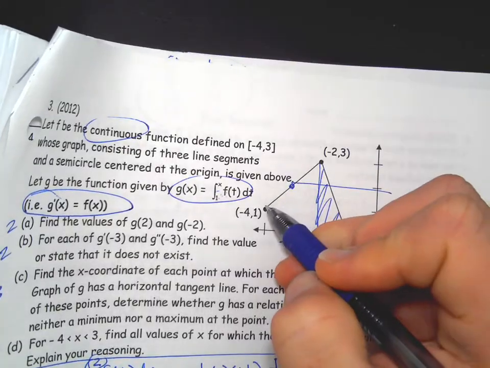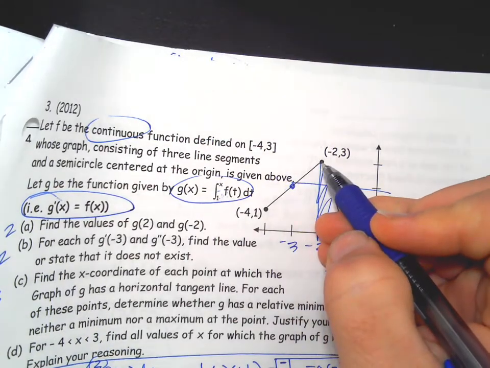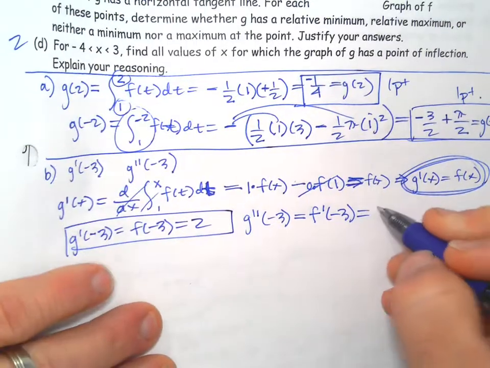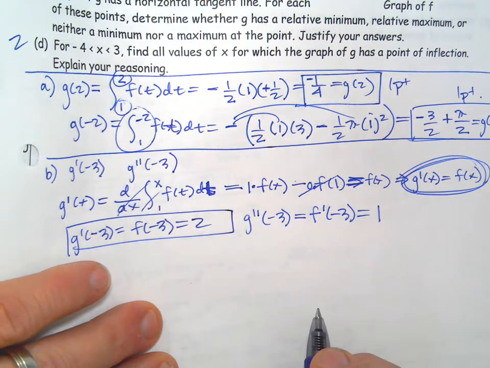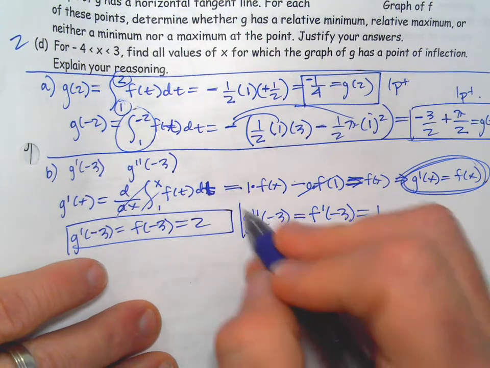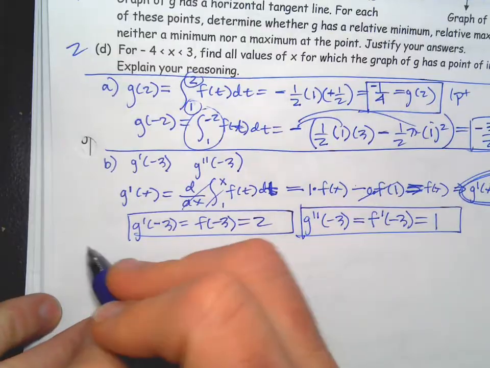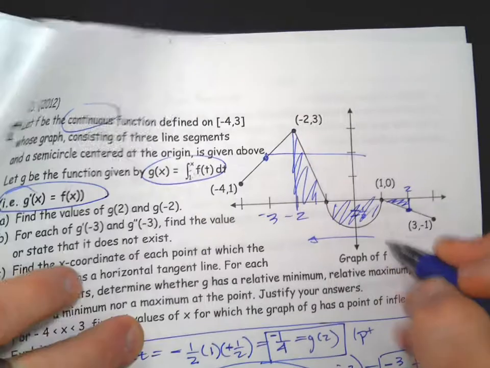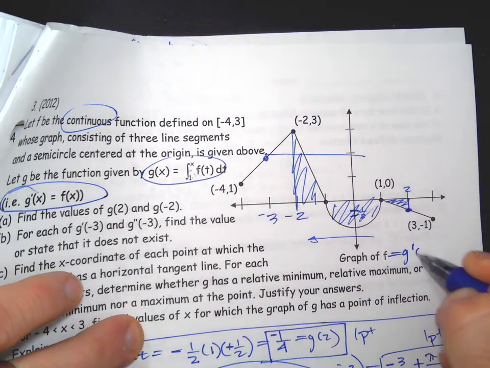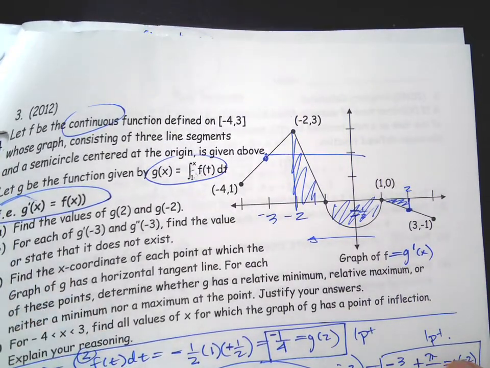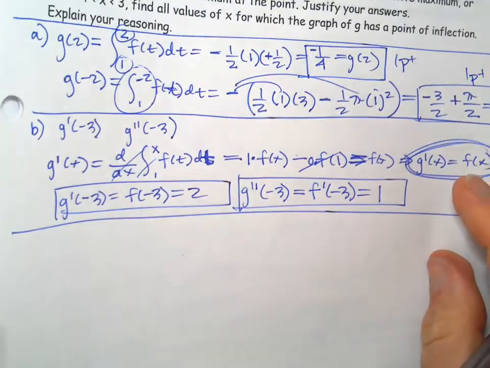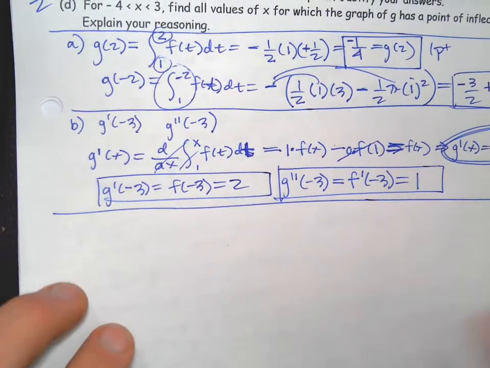It's up 2 over 2. It's a positive 1 slope. Because now what's happening is this is actually the graph of the derivative. We've done a lot of work with graphs of derivatives, right? In fact, it's going to be on this upcoming test where I give you the graph of the derivative and ask you to answer questions.